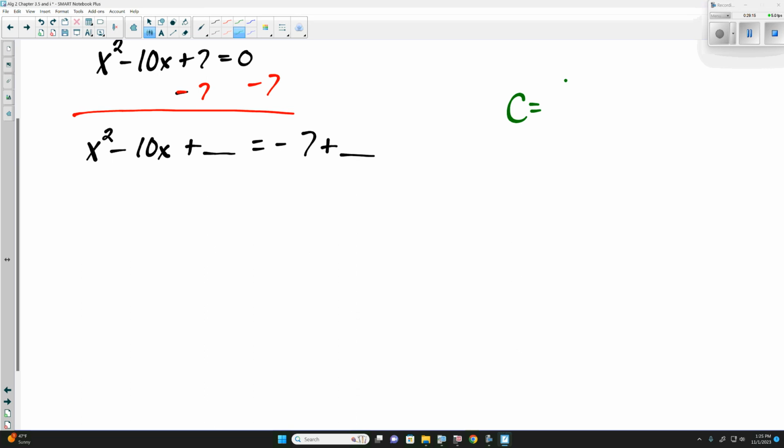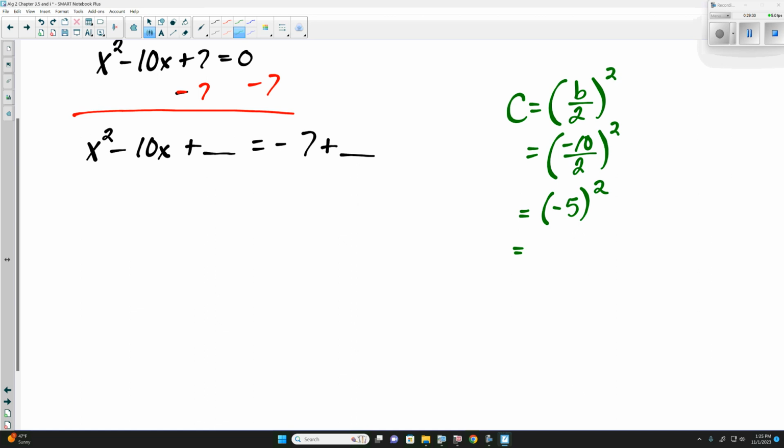And to do that, we'll find the value of c, which is our b over 2 squared. And in our case here, the value of b is negative 10. Now our negative 10 divided by 2 would be negative 5. And negative 5 squared is 25. So we will add it back in, giving us x squared minus 10x plus 25.